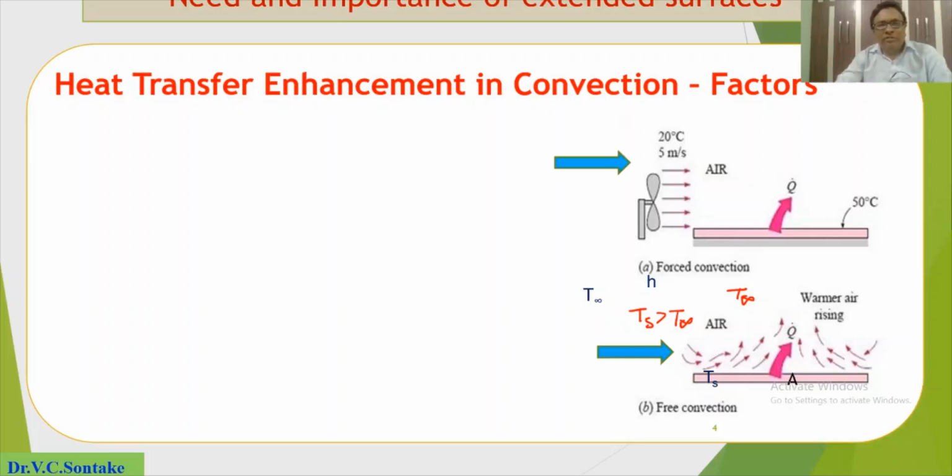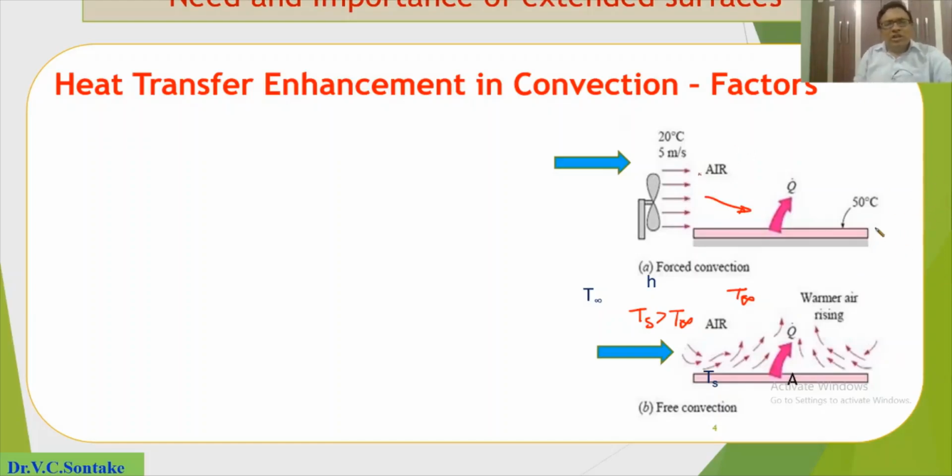Another type of convection is forced convection. Here, in addition to temperature difference, a mechanical agency is employed to enhance the heat transfer rate. This mechanical agency, such as a fan, blower, compressor, or turbine, is employed to force the fluid to flow over this surface.